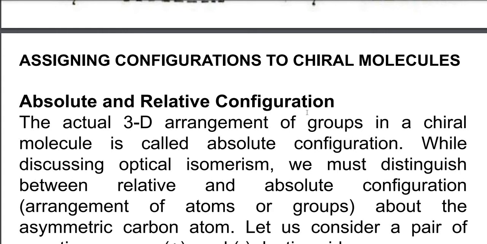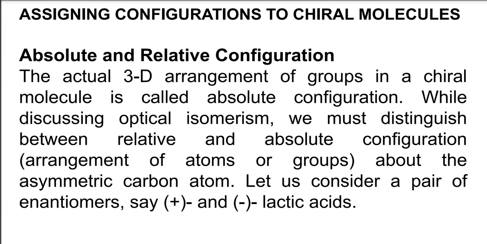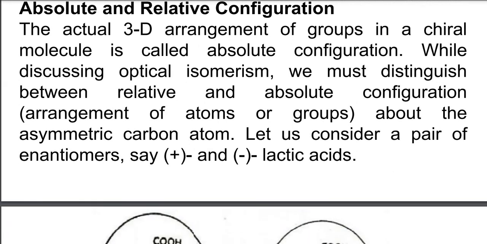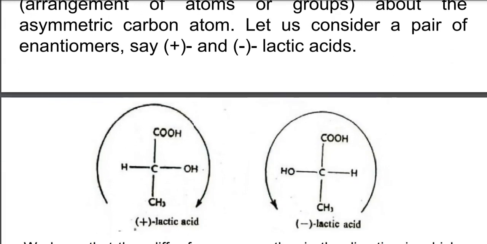Absolute and relative configuration. The actual 3D arrangement of groups in a chiral molecule is called absolute configuration. While discussing optical isomerism, we must distinguish between relative and absolute configuration. You know the arrangement of atoms or groups about the asymmetric carbon atom. Let us consider a pair of enantiomers, say positive and negative lactic acid.